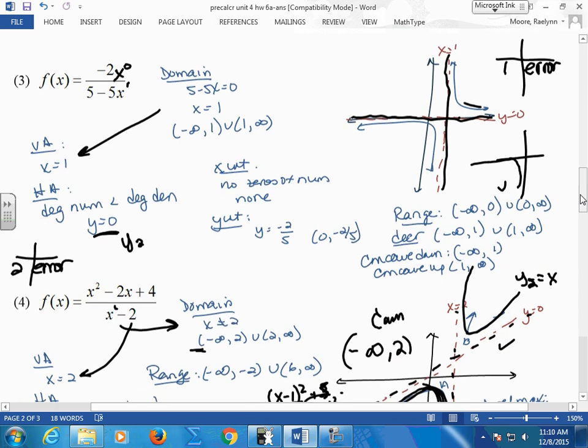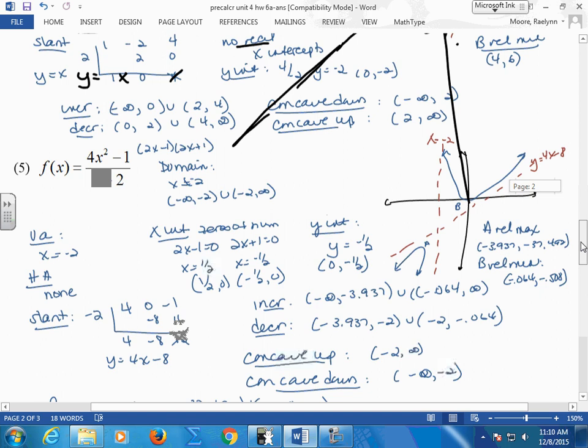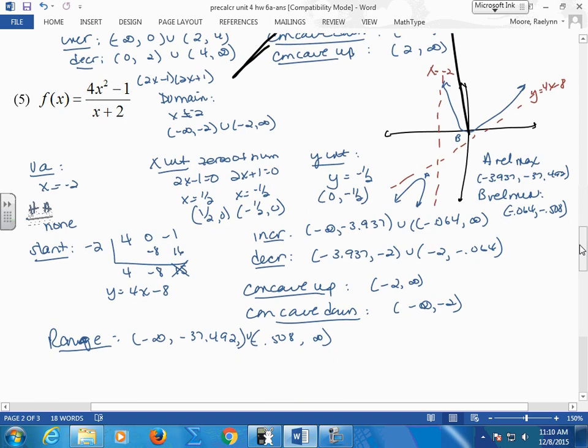All right, so what else do we have here? We have number 5. Number 5 was also a slant asymptote. Again, you could factor your numerator, but you couldn't reduce anything.